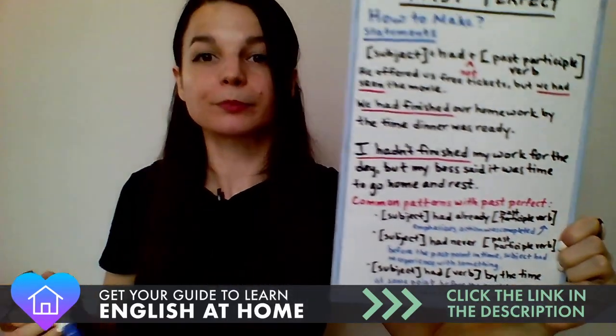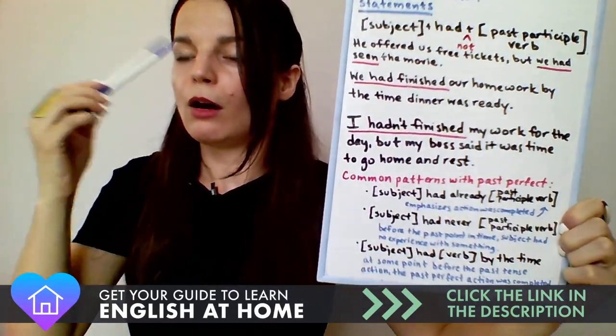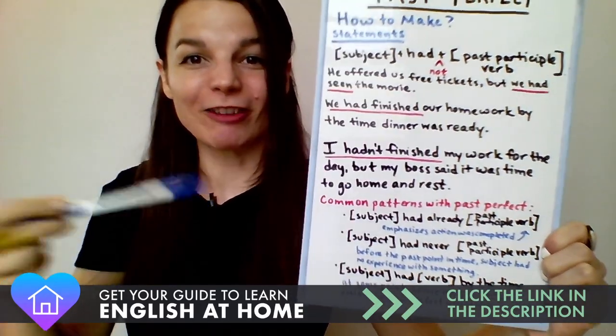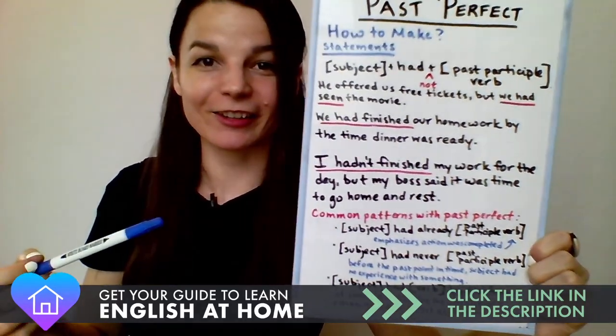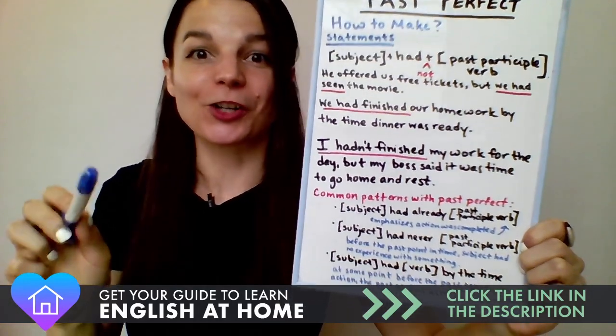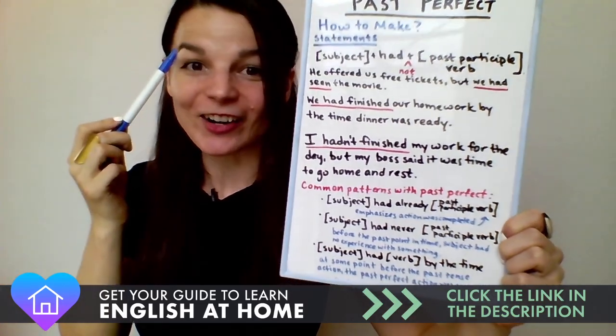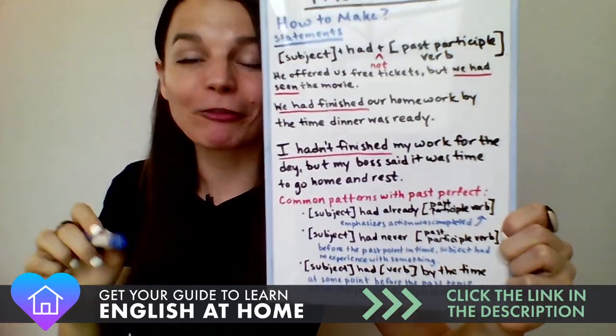So for example, I might talk about a vacation I took with my friend. We go to France together. And my friend tries French food for the first time ever. And I'm like, wow, this is your first time eating French food?